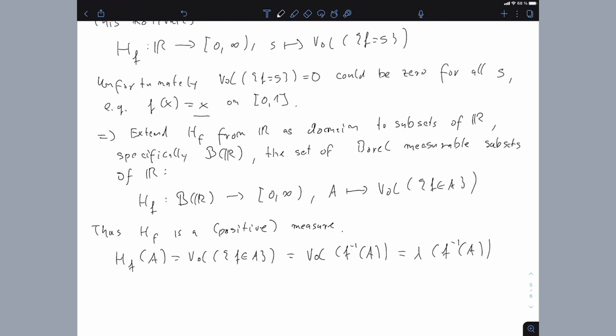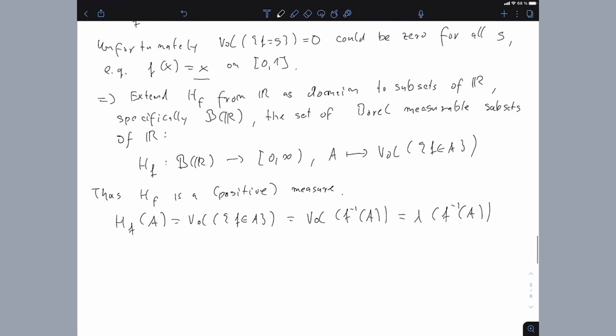And what this will show, and I will repeat this in the next lecture, is how you can compute the integration with respect to this measure without actually needing this measure.